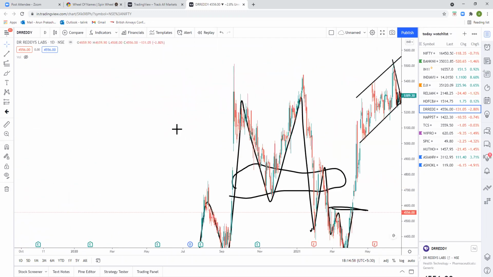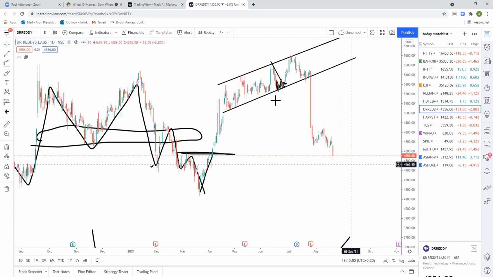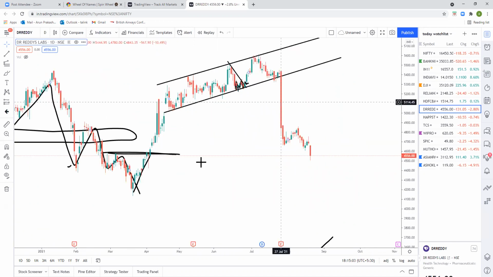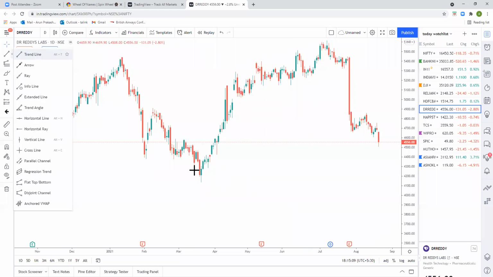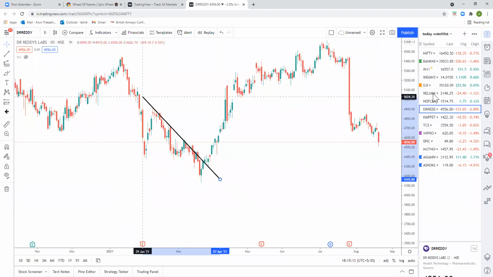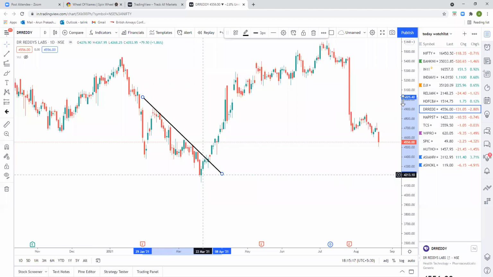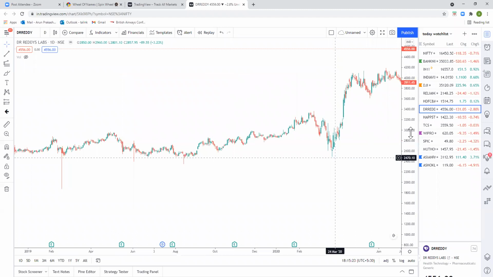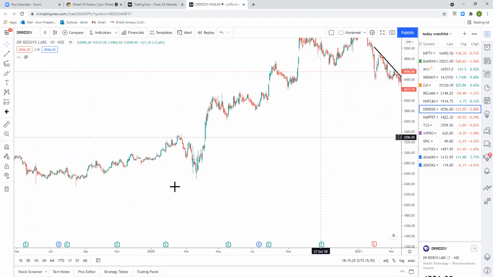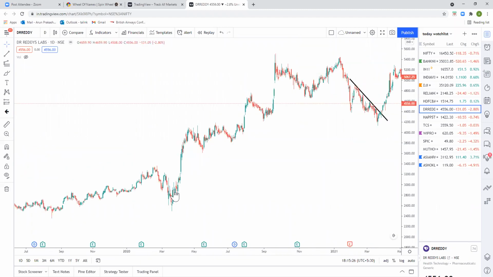On 23rd March 2020, from that point, it is making a trend line, and there have been 3 touches from there. 2020. Yeah. 23rd March 2020. Yeah. Okay. Something like, okay, from this level.